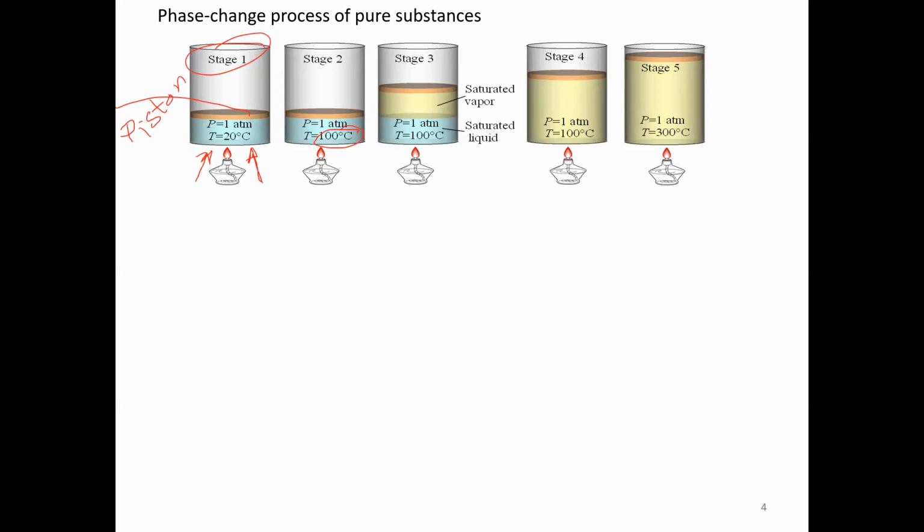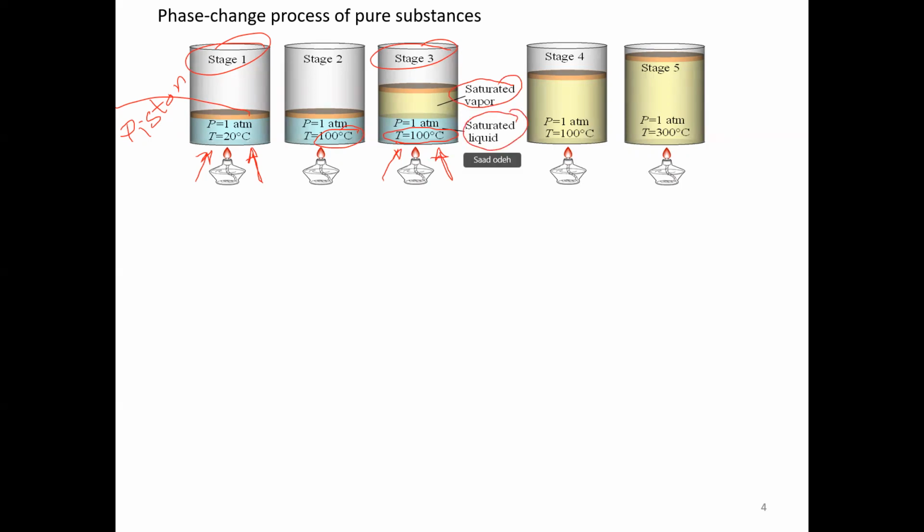As we keep adding heat in stage 3, the temperature stays constant, because we haven't changed all the water to steam. Part of the cylinder is vapor, and the other part is still liquid.